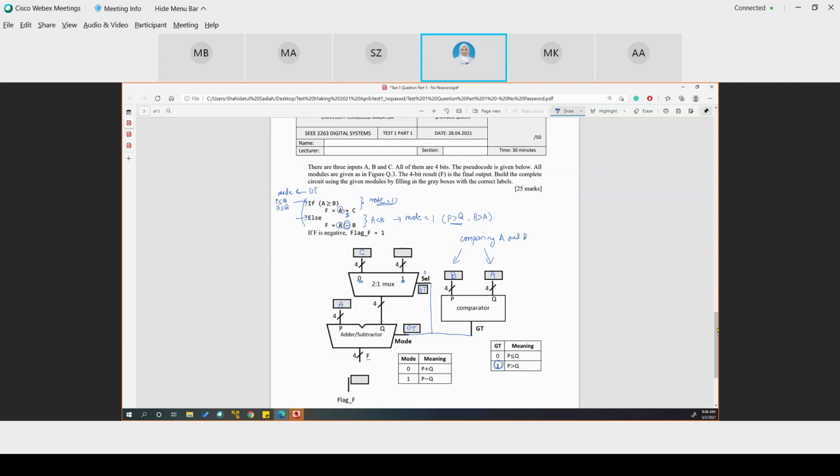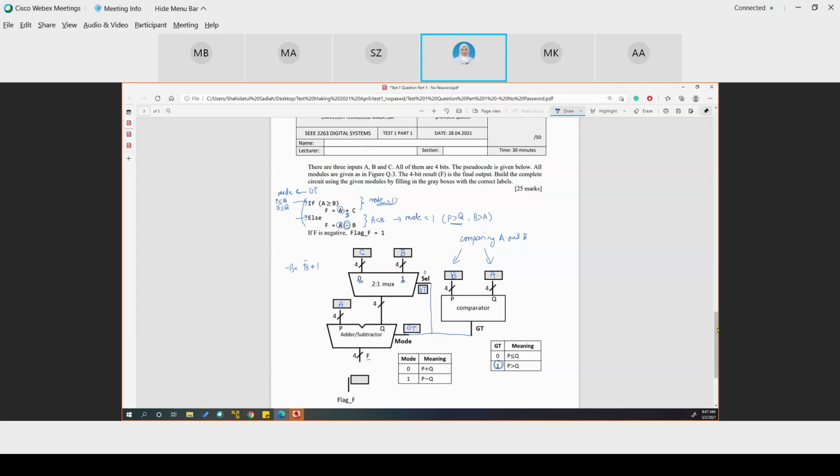So GT is also connecting to the cell here. When GT is 1, we are doing subtraction. Where we want to subtract A and B here. So B must be in 2's complement. To find 2's complement, minus B is equal to B 1's complement plus 1. So here is B complement, and here we will add 1 from the mode.